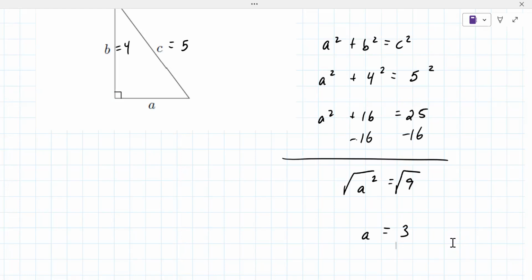And then you square. Okay, I have it written down.